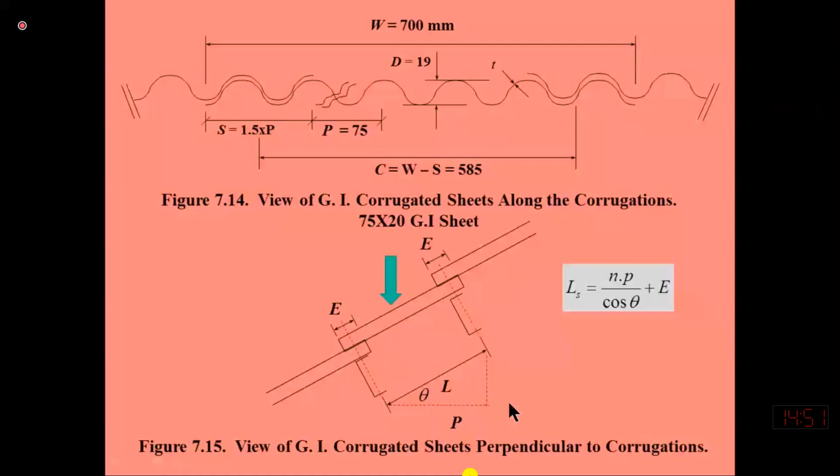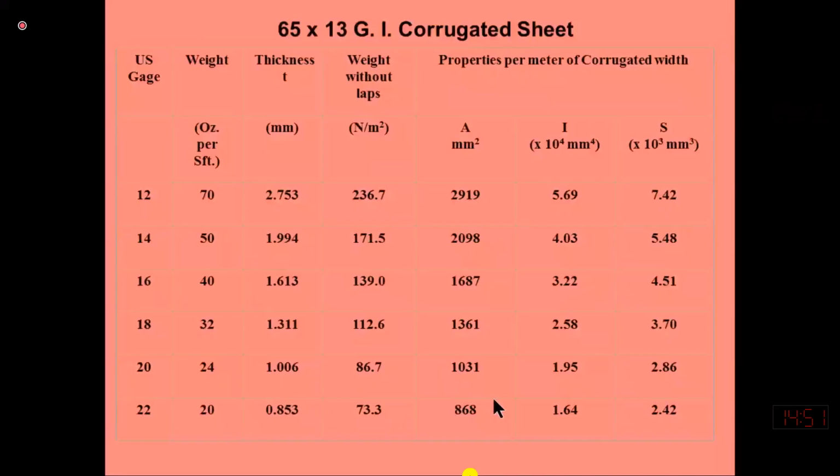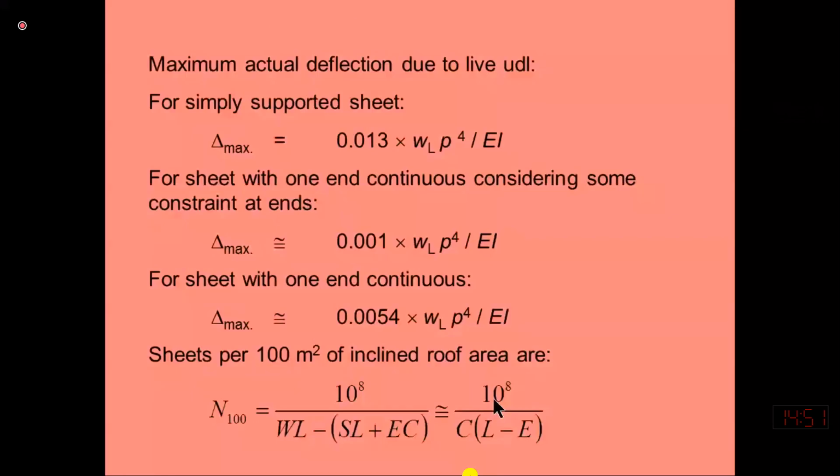So we always assume that a sheet is simply supported at the panel point, or simply supported between two purlins. So the span of the sheet will be the length between two purlins, which is equal to the panel length. For a simply supported span, actual deflection is computed by this formula, and these formulas are also available in the LRFD design aid.